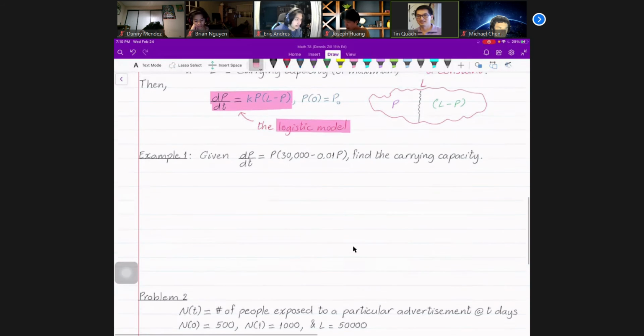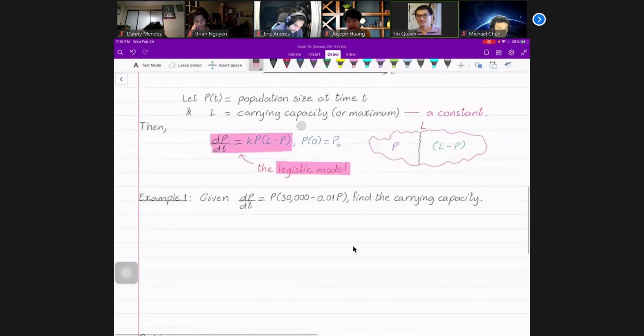That means inside the parentheses, you have L minus P. If you think this is L, that's not right, because you don't have minus P. You have minus 0.01 P. So you have to do something so that you get only a P right here before you can figure out what the carrying capacity is.